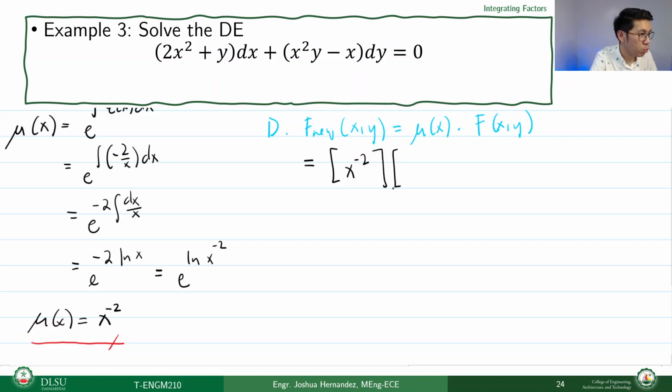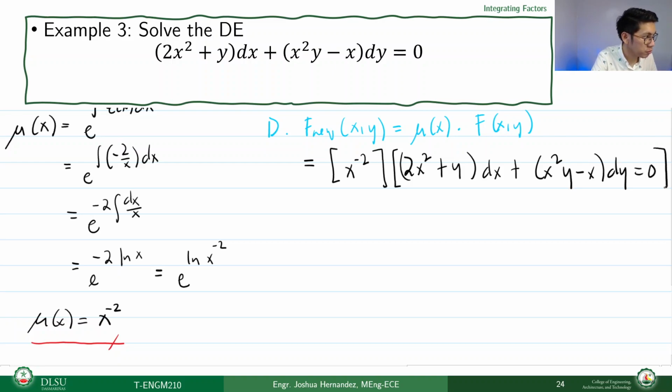Multiplied to the whole equation, which is 2x squared plus y dx plus x squared y minus x dy equals 0.